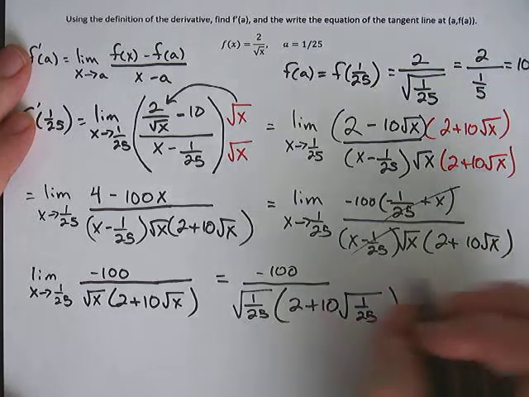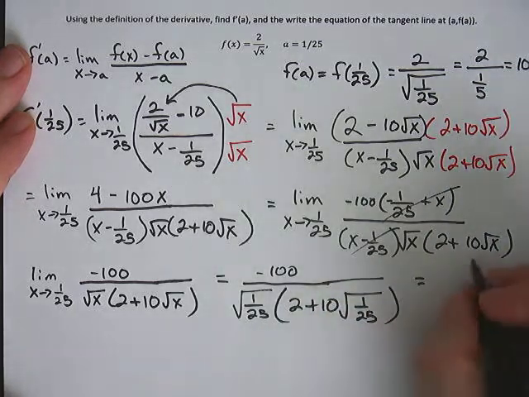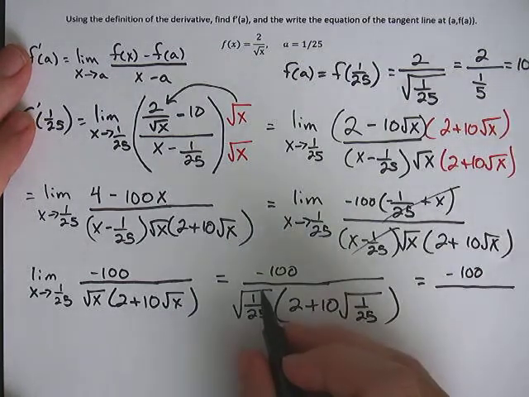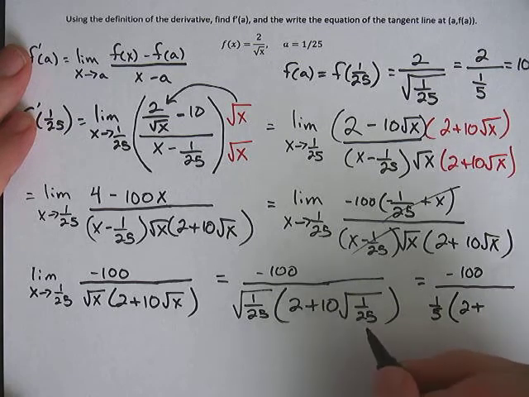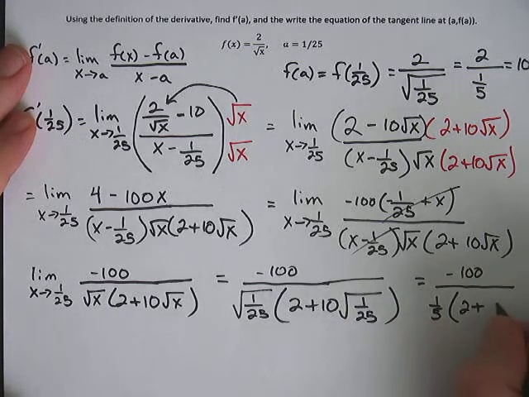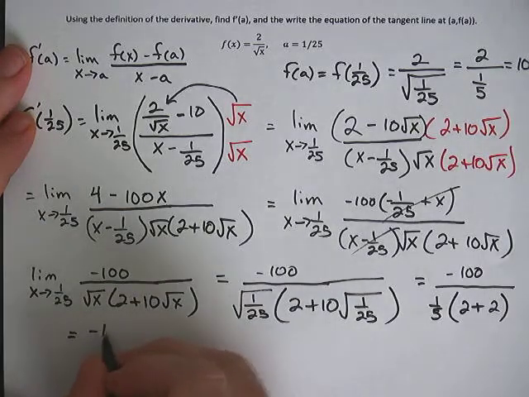So I'm just doing a direct substitution here, which will be equal to negative 100 over, this is 1/5, and then 2 plus, this is 1/5. What is 10 times 1/5? 2. So that gives us negative 100 over 4/5.